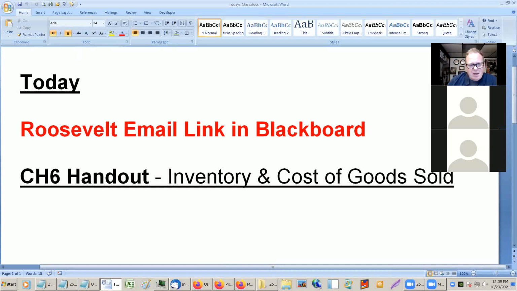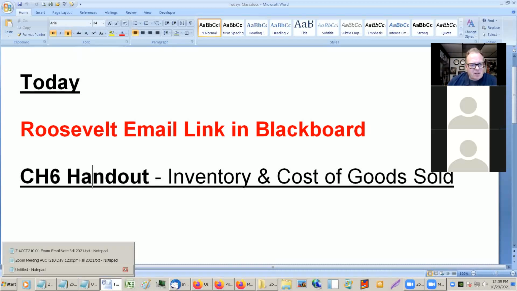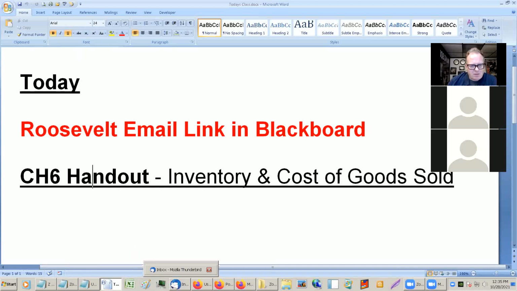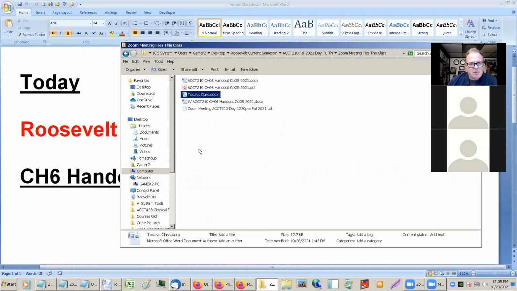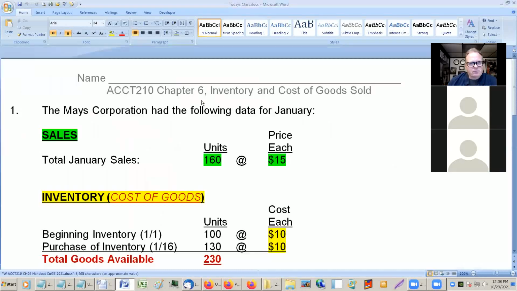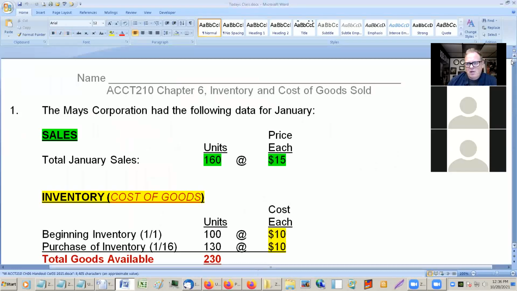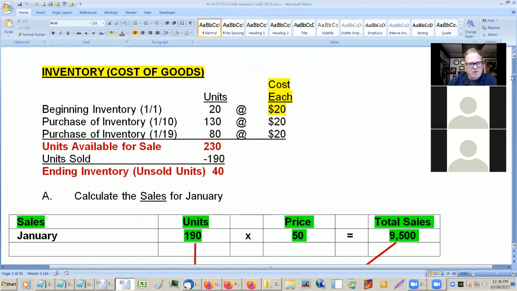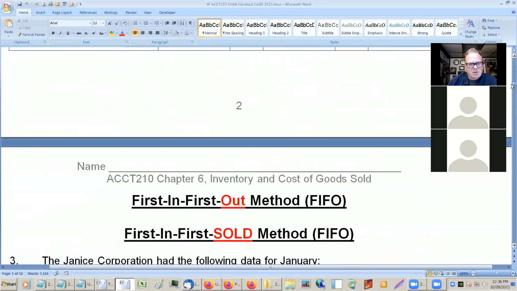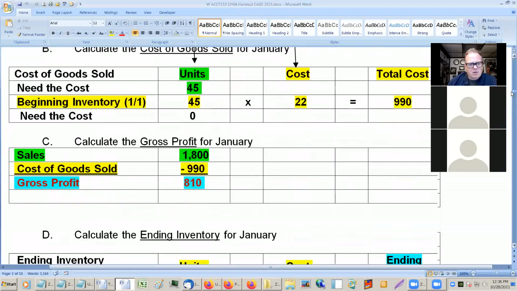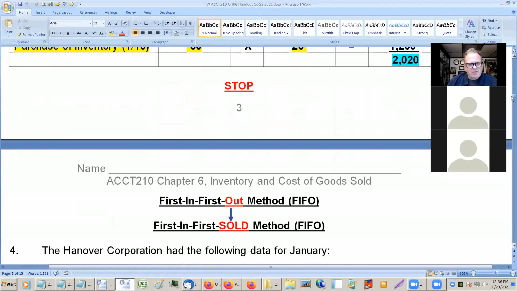So anyway, let's go ahead and pull up. So we got up through page, I think, 3. All right, so we're on page 4.